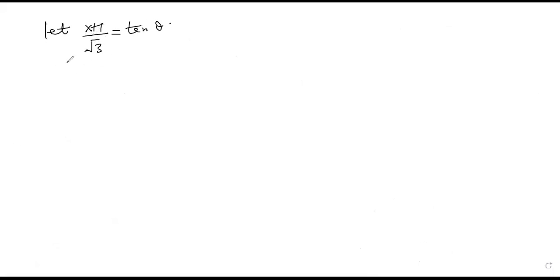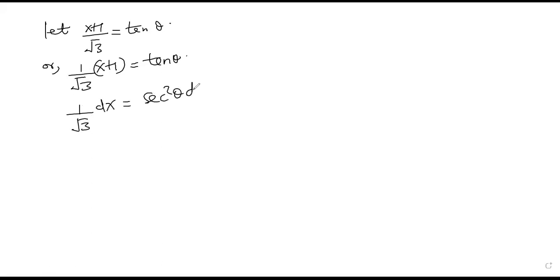This is the same as 1 over root 3 times x plus 1 equaling tan theta, implying that when you differentiate this side, it will be 1 over root 3 dx equals sec squared theta d theta, meaning that my dx is going to be root 3 sec squared theta d theta.